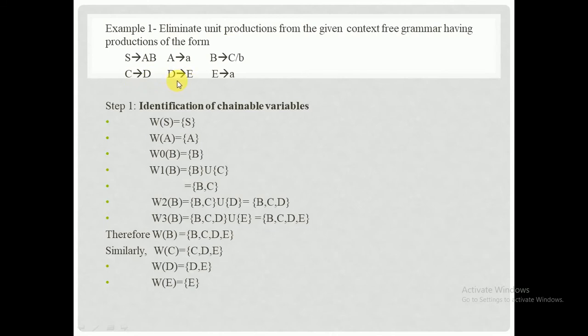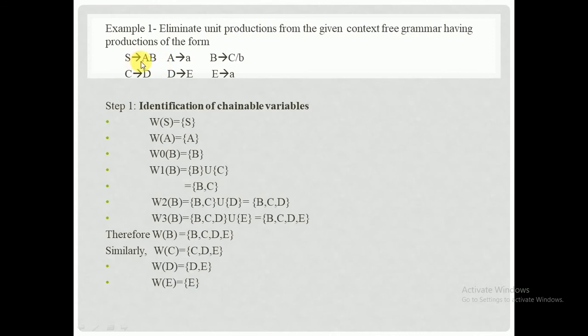Step 1, you just need to write the identification of chainable variables. First of all, we will start from the starting variable and you will have to write as many W's as your variables. First, W of S, because S goes to AB, but AB is not going somewhere else.